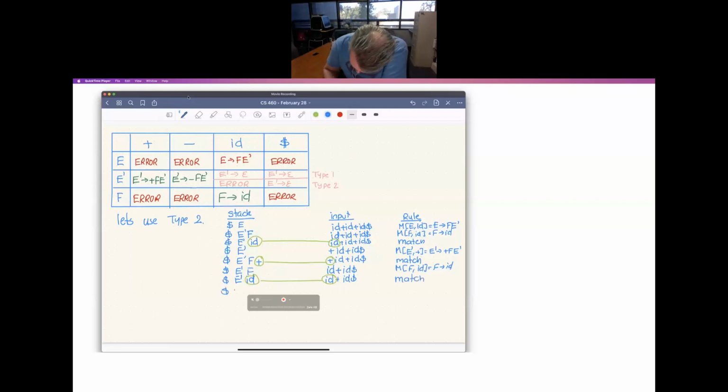So we get dollar E prime plus ID dollar. M of E prime on a plus. Again, it's that one and that one is plus F E prime. All right, that goes and gets replaced by plus F E prime in reverse order. Get that? Look at that. Plus, plus. The match.